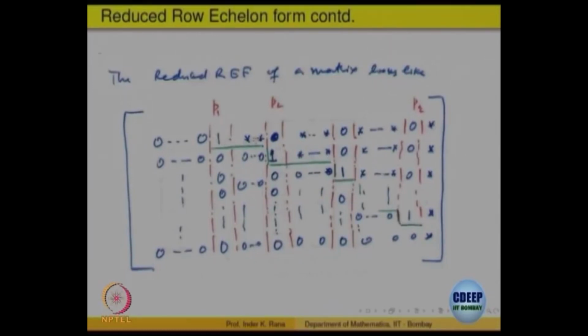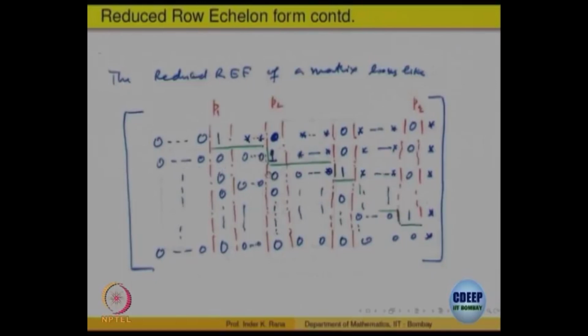There may be something in between, 0 or non-zero, we do not bother about that, but the non-zero entry in the second row is again 1, and comes at the column number P2, right. So, P2 is on the right side of P1 and in that column everything is 0, and on the left of that also everything is 0, because that is a pivot. On the left of the pivot everything, in that column, and every row below that should be 0.